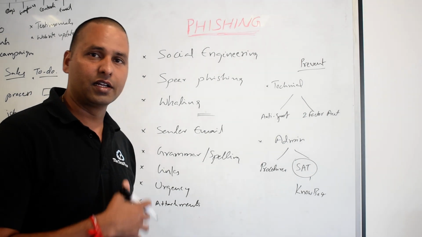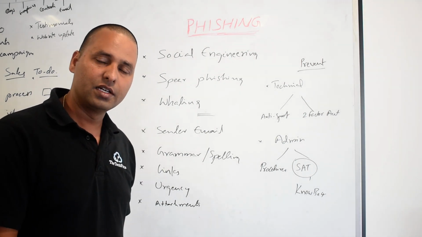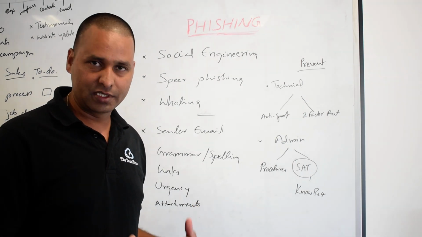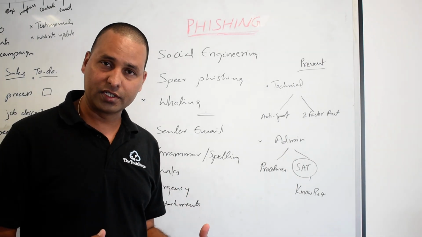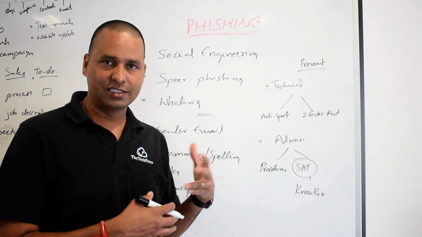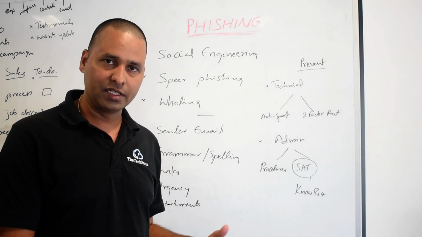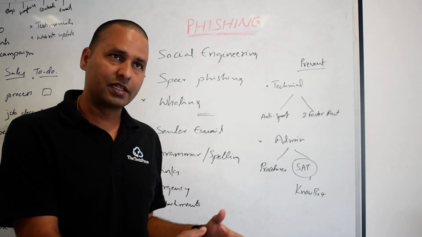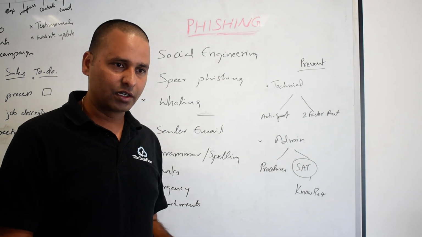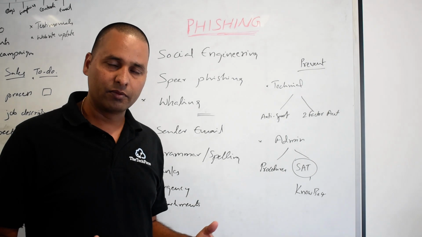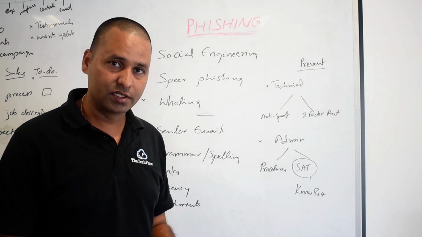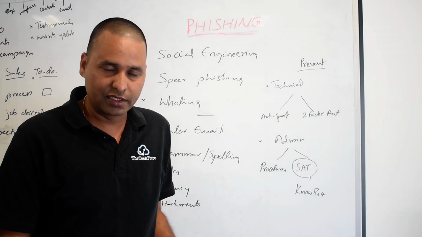What is phishing, how to detect phishing emails, and how to prevent phishing attacks? Phishing is a form of social engineering. It is sending a deceptive email to somebody and making them take an action: click on a link, open an attachment, or reply to the email with sensitive information or their personal details.